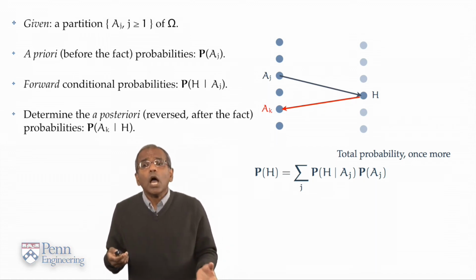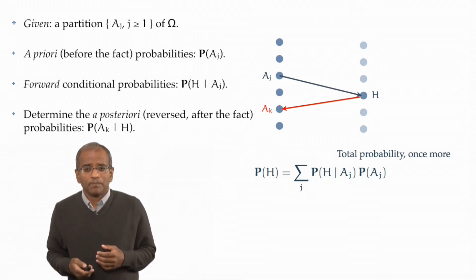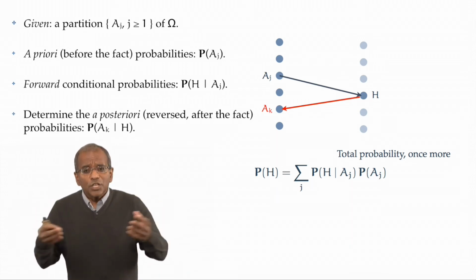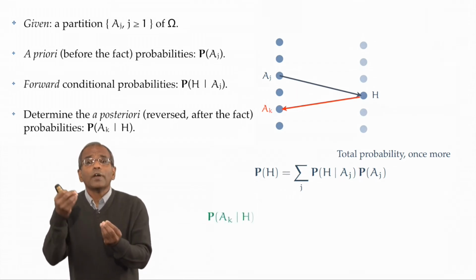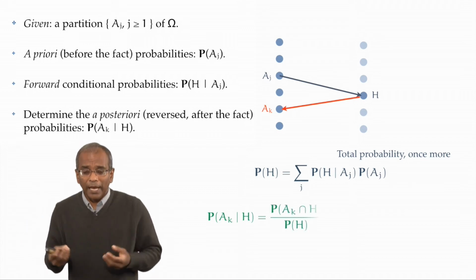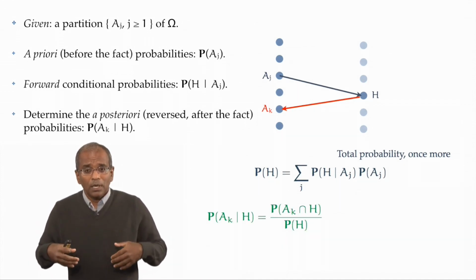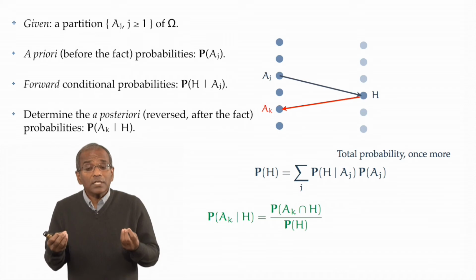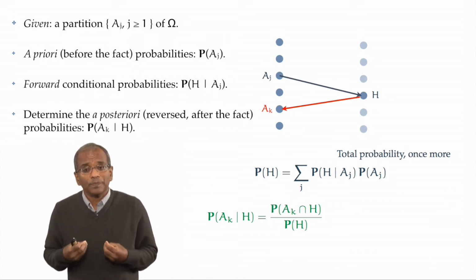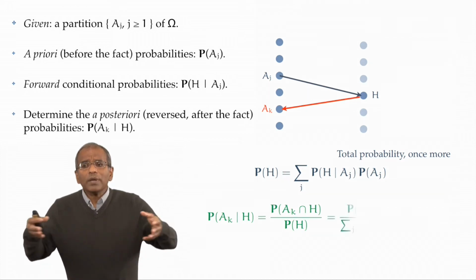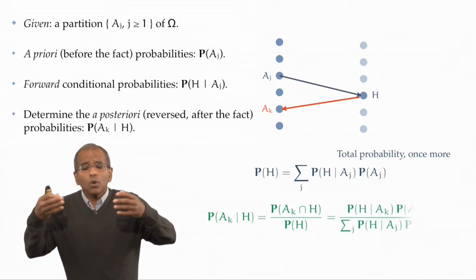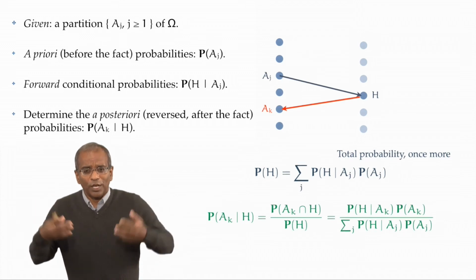Our question is, how do we reverse the question? Well, by the definition of conditional probability, the probability of an event A sub k given H is obtained as a ratio. The joint probability of these two events divided by the probability of H. But we can decompose the probability of H in terms of the a priori probabilities, in terms of the forward conditional probabilities, and then we now get an expression which looks like a chaining formulation.